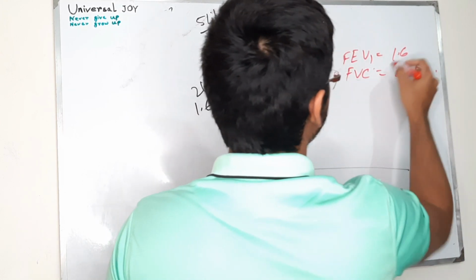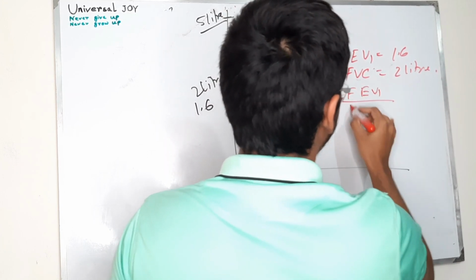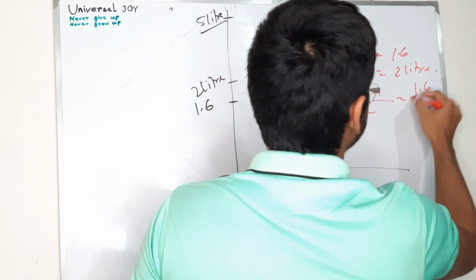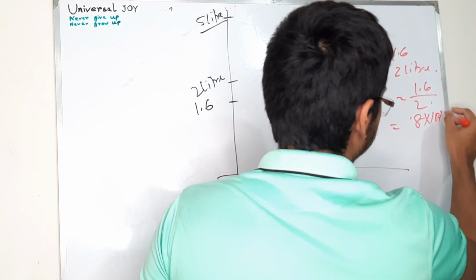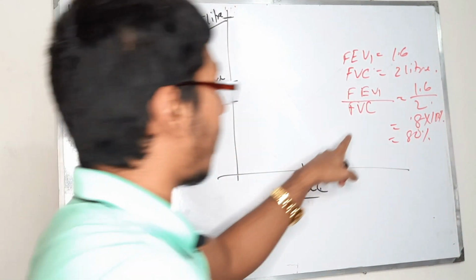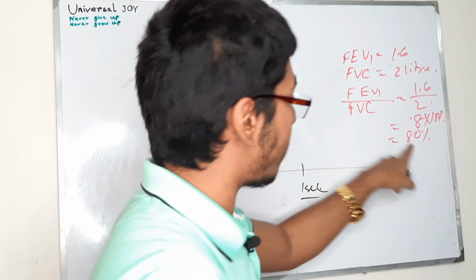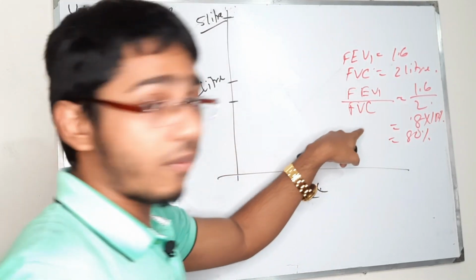So my ratio FEV1 divided by FVC is 1.6 divided by 2 liter, 0.8, and expressed in terms of the percentage, it will turn out to be 80%. So even in the restrictive disease, the ratio between FEV1 and FVC remains 80%, which is normal. That means there is no airway obstruction.